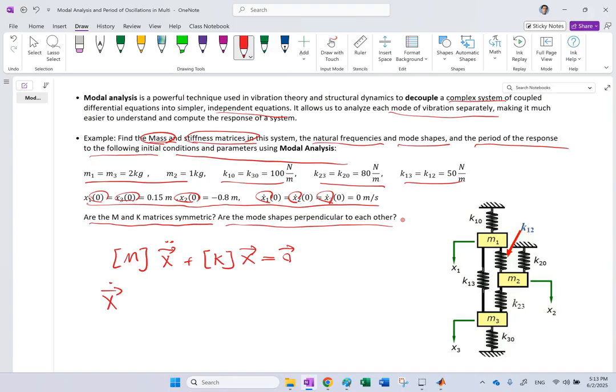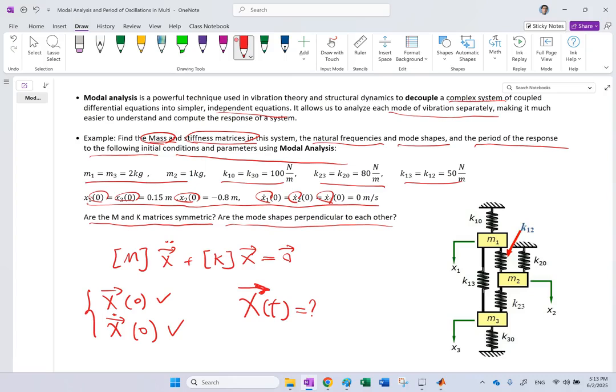So the x vector at time 0 is given, x dot at time 0 is given, and so this is an initial value problem. You want to find x as a function of time, okay? That is your goal here. And then find, for instance, the period of oscillations and so on.